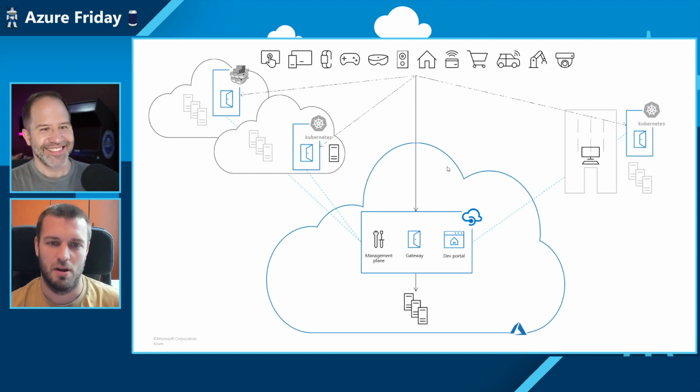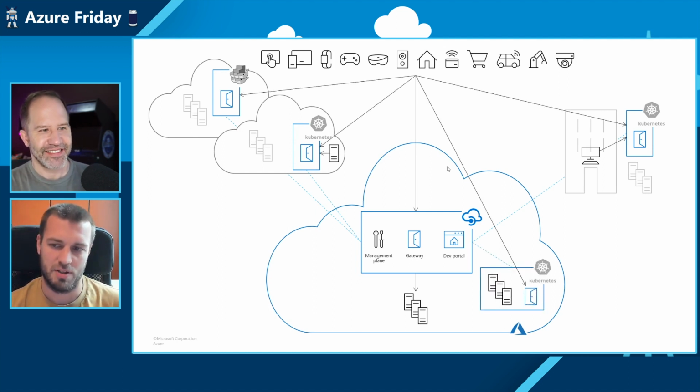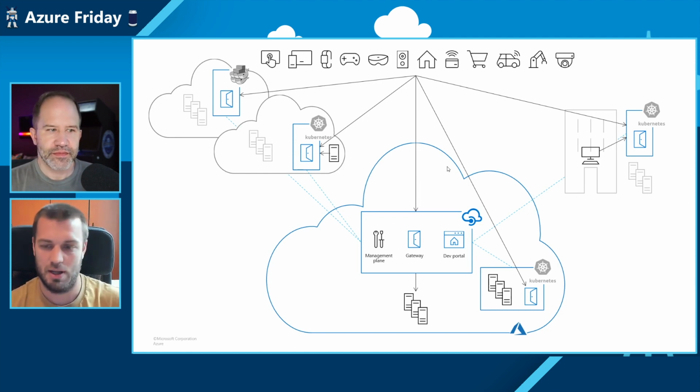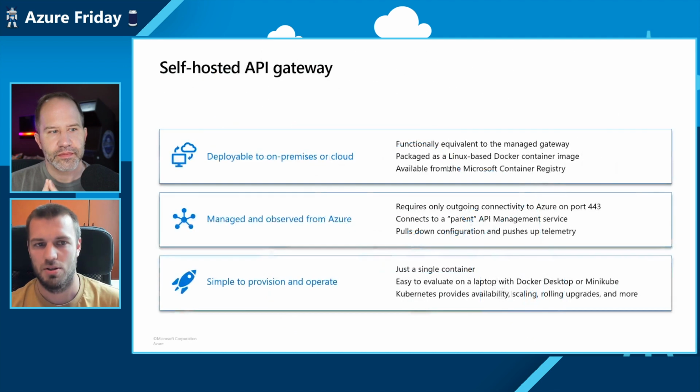Yeah. So one of the benefits is that because it's a container, you can basically run it anywhere. You can run it in Docker. You can run it on Kubernetes. You can run it on VMs with Docker. You can even run it as a container on top of AKS, which we will see as well. So as you mentioned, it is a Docker image.